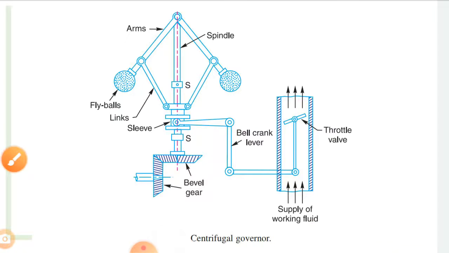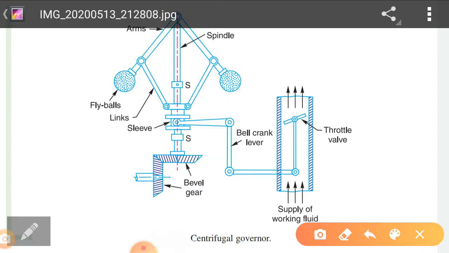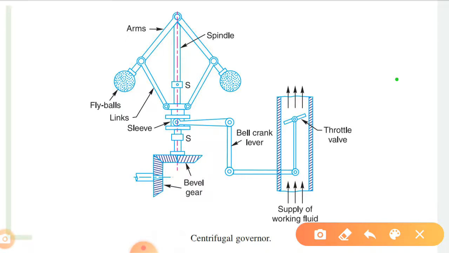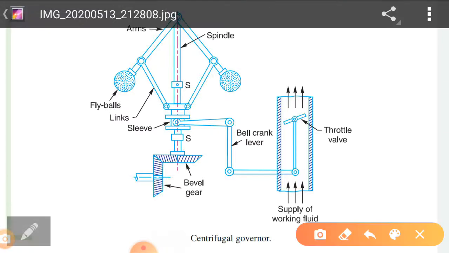Okay, now we will see the working of centrifugal governor. When the load on the engine is increased, its speed decreases. This decreased speed is given to the spindle with the help of this bevel gear, and the spindle rotates with minimum speed.